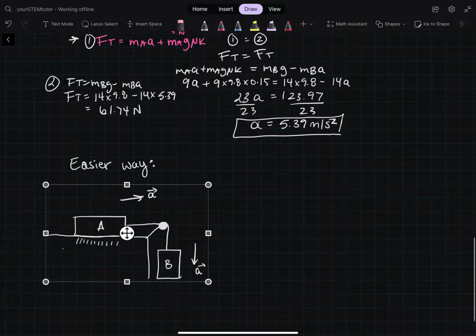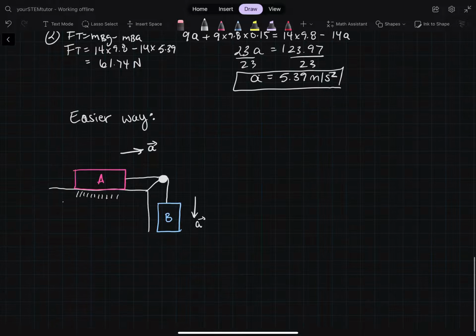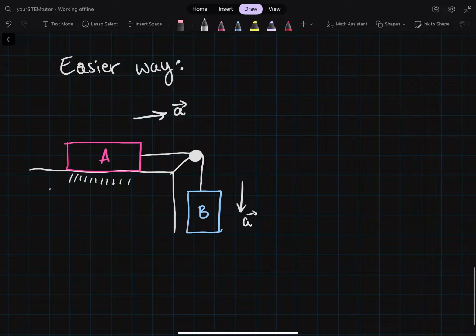So here's a copy of our original system. So with this method, we're looking at the system altogether instead of dividing the forces on the blocks. But we still need to look at all the forces on the blocks. So if we just make a little diagram of everything, here we'll use the same color. We have force tension here, force tension here.